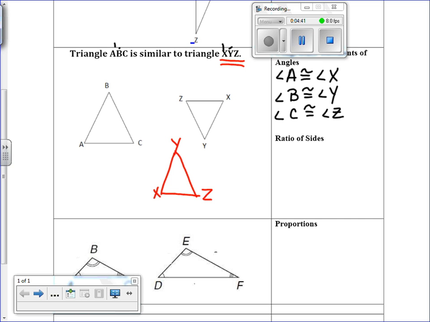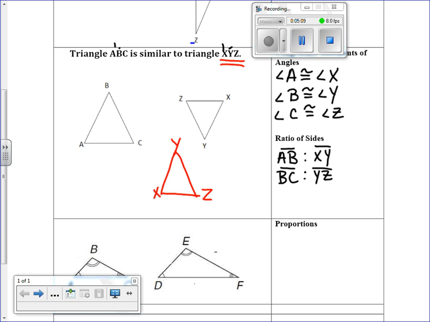So if I wanted to do a ratio of sides, I have side AB, and it has a ratio to side XY. I could say BC has a ratio to YZ.